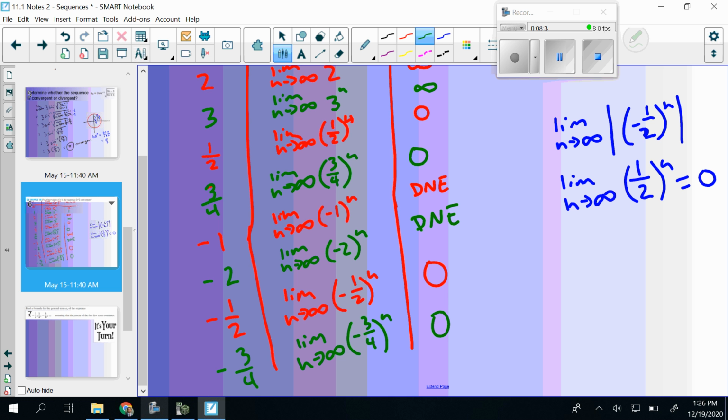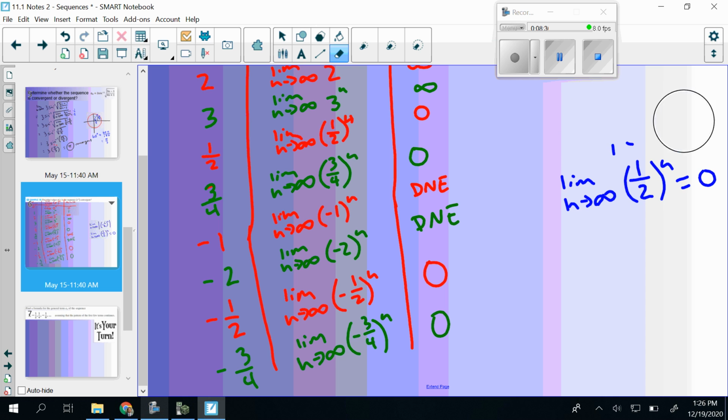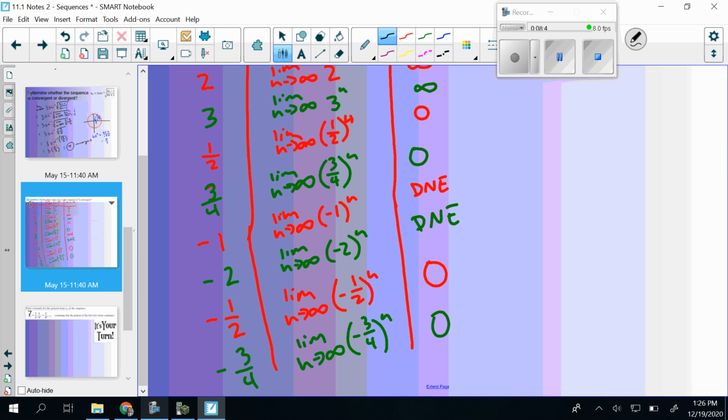All right, so let's see if we can summarize all of this. What have we found? We got a bunch of these that end up being 0. So when did our result end up converging to 0? Actually, I'm going to write this differently. Let's summarize. If our a sub n equals r to the n, what are the different things that could happen?